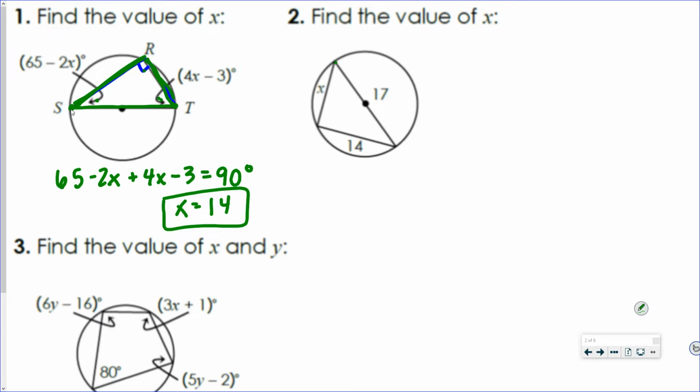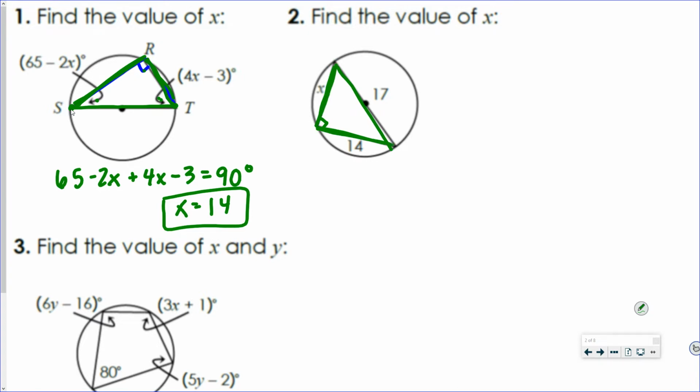This one, same thing. I have this inscribed angle that intercepts the semicircle, so that's going to be a right angle, and it forms a right triangle with the diameter. This time, x is on one of my side lengths. How can I find x here? Pythag would work, agreed. This is a right triangle. We can use Pythag.